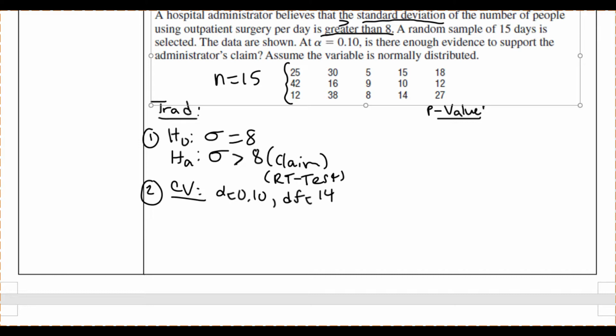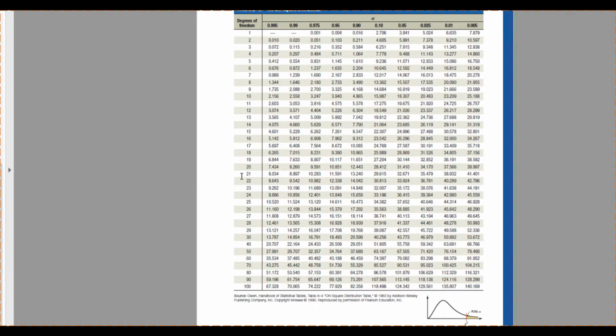All right, so we're going to go to the table. With a degree of freedom of 14 and an alpha of 0.10. Now, since we're looking at a right-tailed test, we don't need to subtract from 1 at all, so we're just going to look at 0.10. And we have a critical value of 21.064.